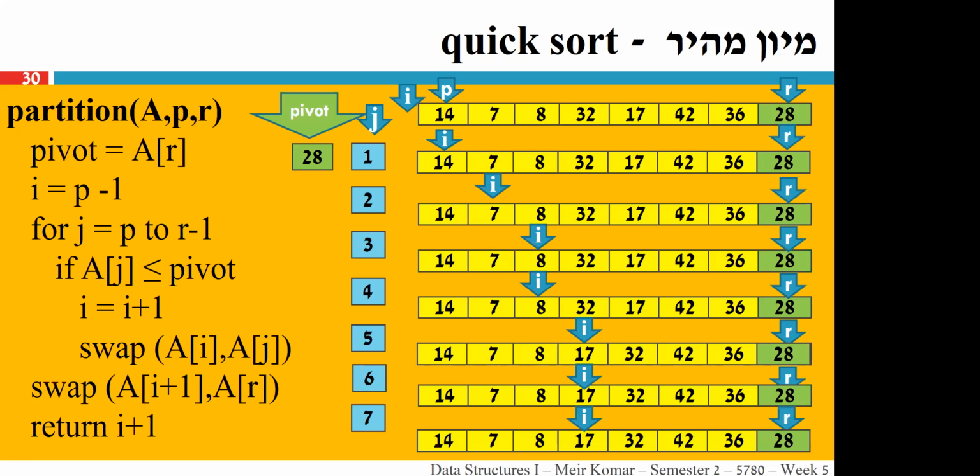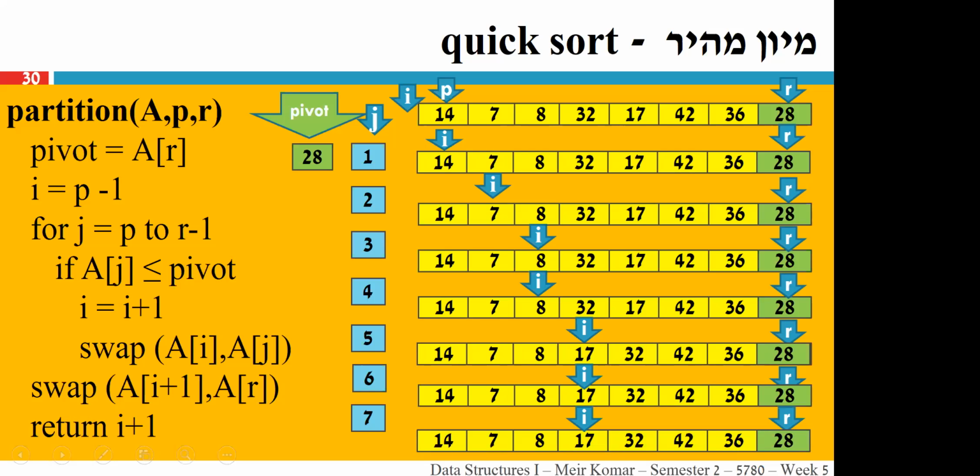I finished the loop because I went up to R minus 1. I did up to here including? Yes. So I finish this whole loop and I get to the next command, swap AI plus 1 with AR. Let's take that pivot value. We want to put it in its place.